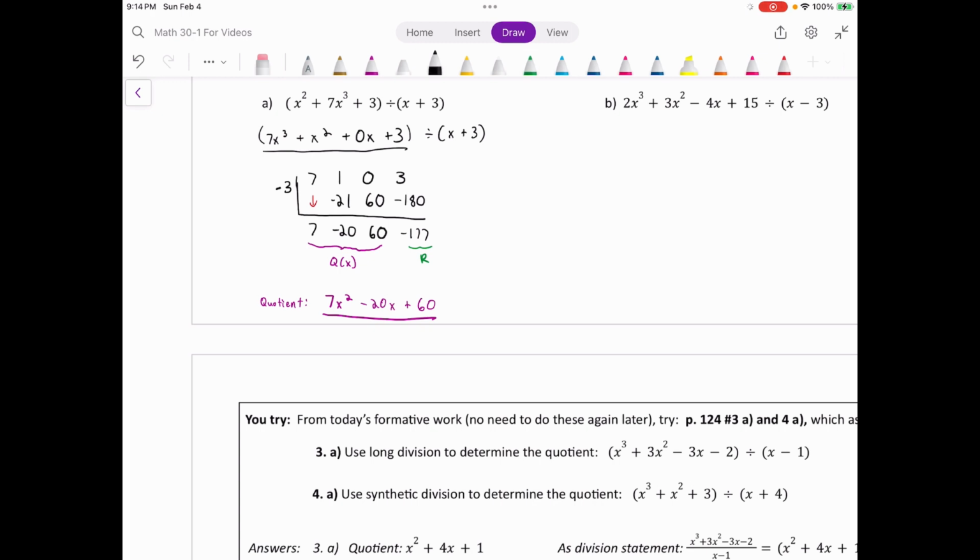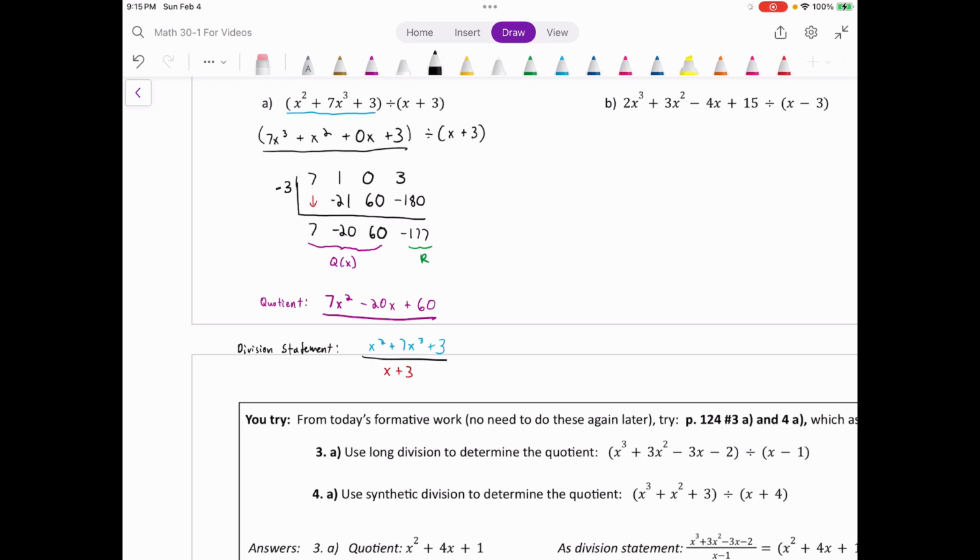So if we wanted to write a division statement, right? What did we divide? We took our dividend, x squared plus 7x cubed plus 3. We divided it by our divisor, x plus 3.